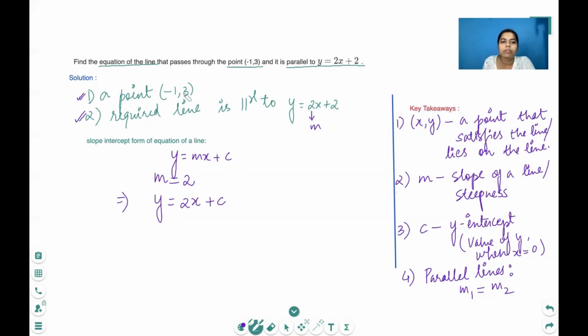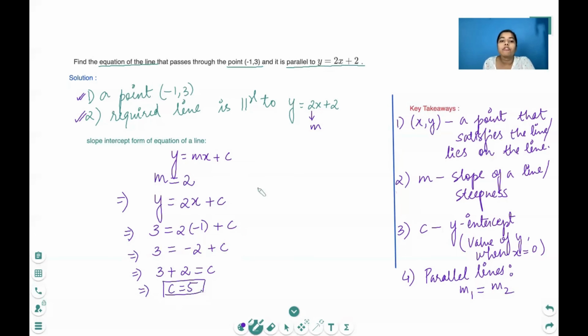So we have the value of x as -1 and the value of y as 3. Let's substitute it. 3 equals 2 times -1 plus c. Let's calculate the value of c. We take 2 to the left hand side and write it as 3 plus 2 equals c, which gives us the value of c as 5.